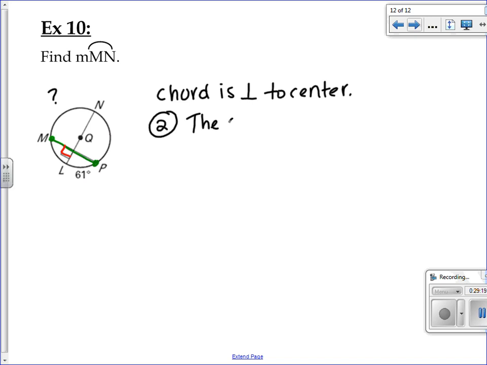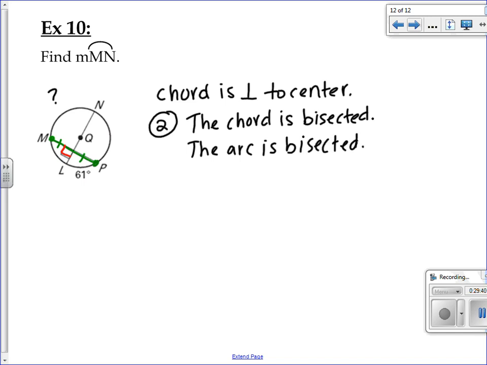It tells us the chord is going to be bisected. So we can draw little tick marks here. The chord is being bisected. But also property 2 tells us that the arc will get bisected. This is just like the last example. So we can draw some more tick marks. ML will be the same as LP. So even though we're not looking for it, it's good to know that ML is going to be 61.